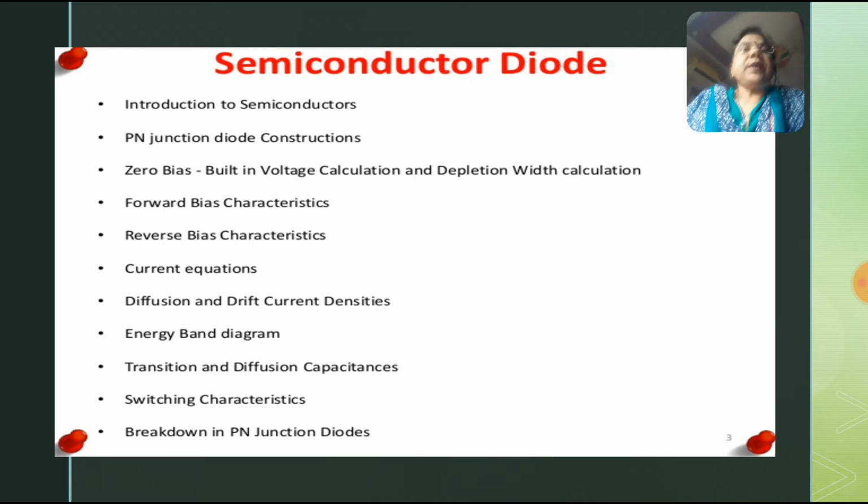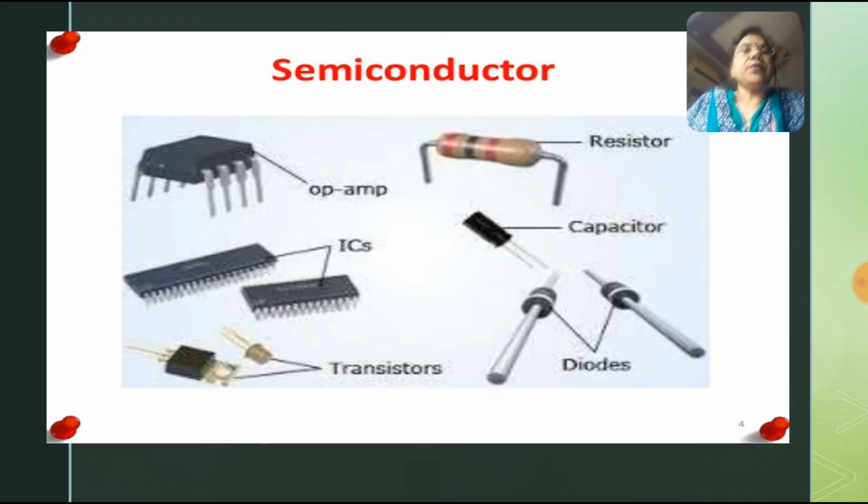So under semiconductor diode you will see the introduction to semiconductors, PN junction diode constructions, Zener biasing, forward bias characteristics, reverse bias characteristics, current equations, diffusion and drift current density, energy band diagram, transition and diffusion capacitance, switching characteristics, breakdown in PN junction diodes.